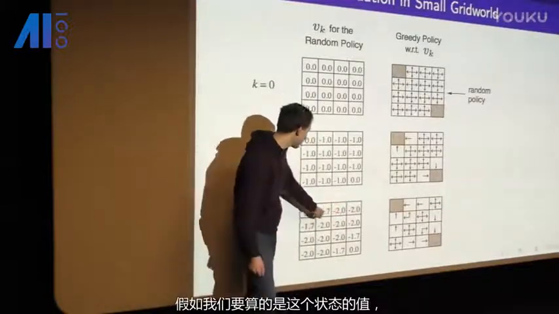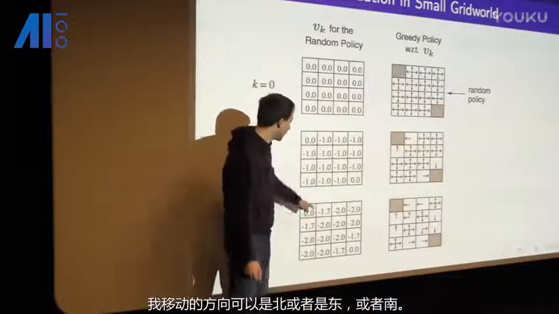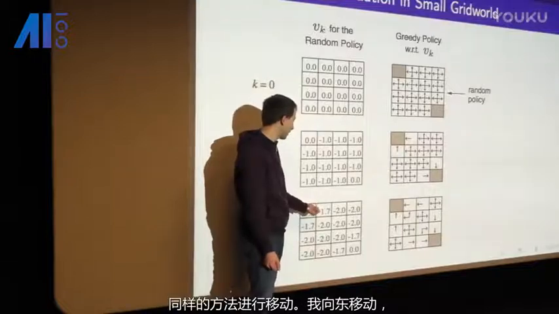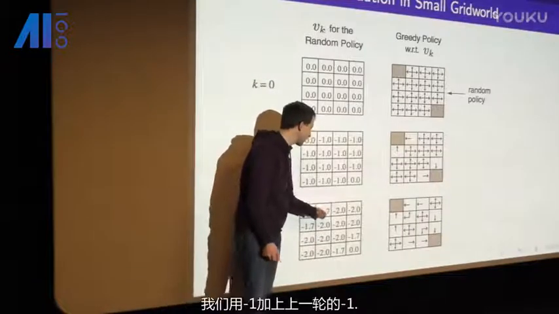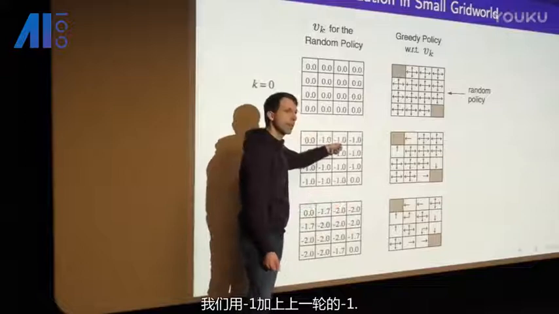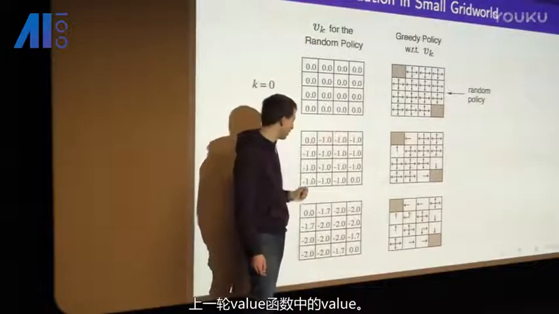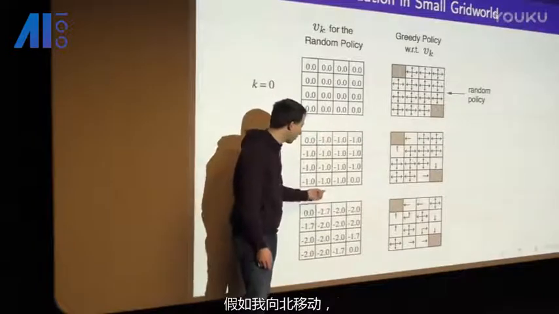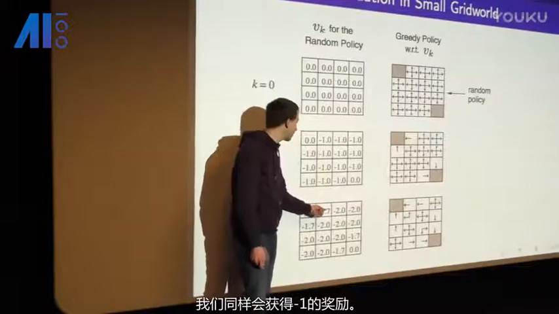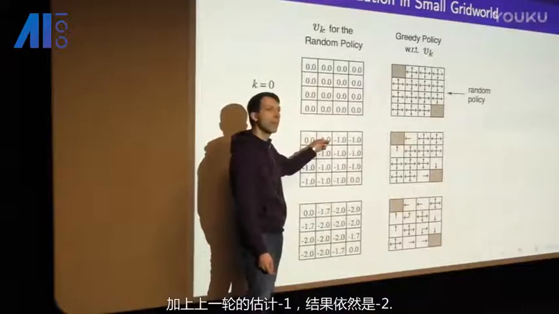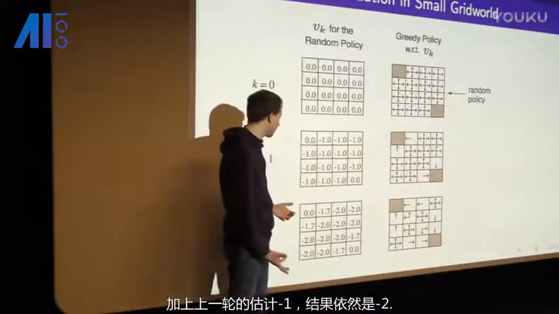However, if I consider this state here, now I could go north, east, or south, and for each of those cases I'm going to estimate the same thing. If I go east, I'm going to see -1 for the step, and then -1 for my previous estimate of the value. If I go north, remember that I end up just sticking where I was, so it's the same thing: -1 for taking that step, and then I estimate the value of where I ended up to be -1, so -2 again.